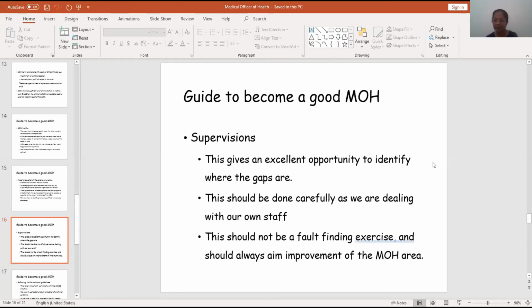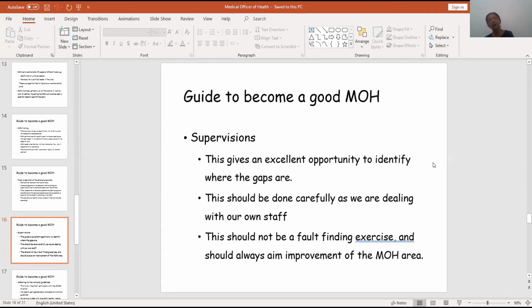This is supervision. I always say that to work as a good MOH, supervision is very, very important, and it gives an excellent opportunity to identify where the gaps are. But we have to do supervisions very carefully because we are dealing with our own staff. Always think that it's not a fault-finding exercise.